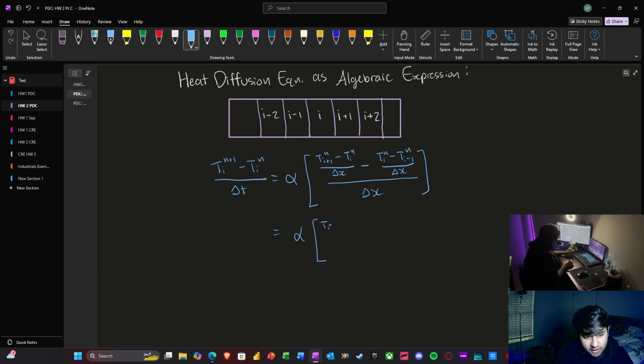So what we end up getting is T i plus 1 n minus 2 T i n plus T i minus 1 n over delta x squared.